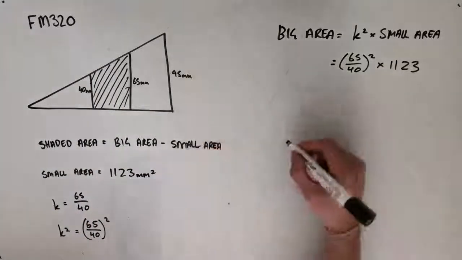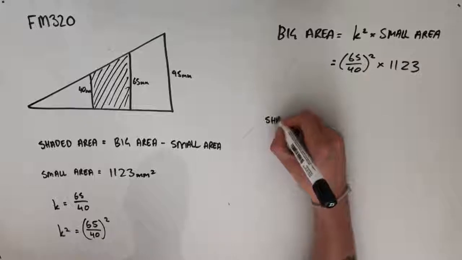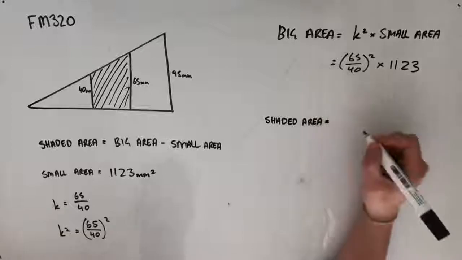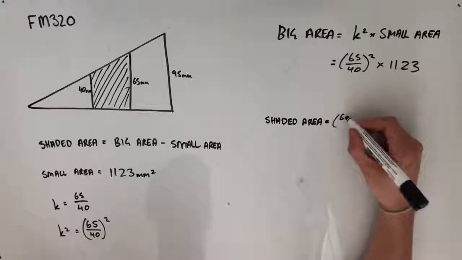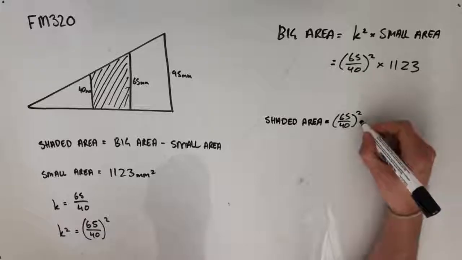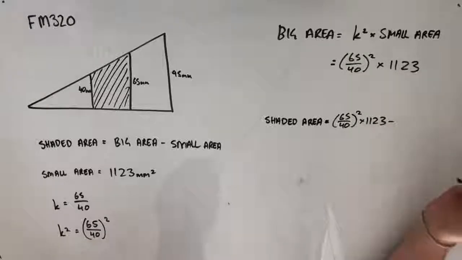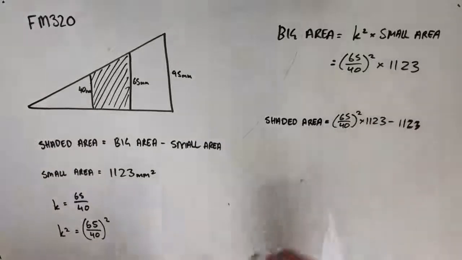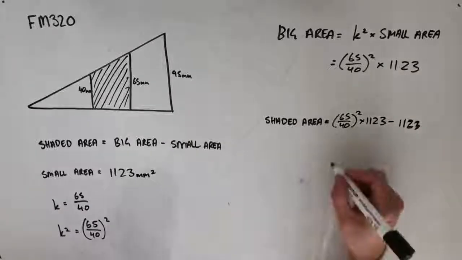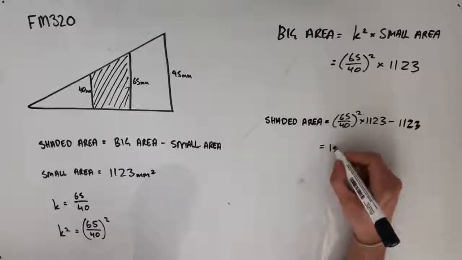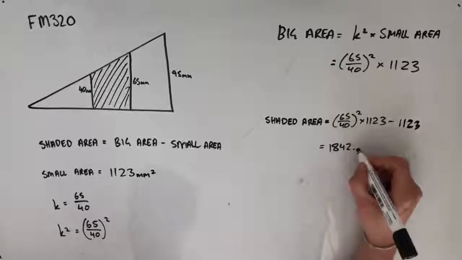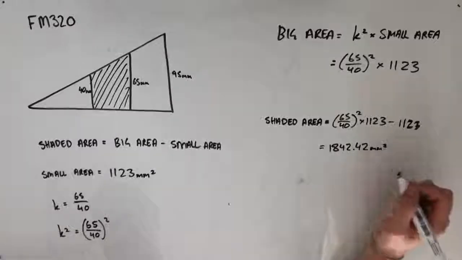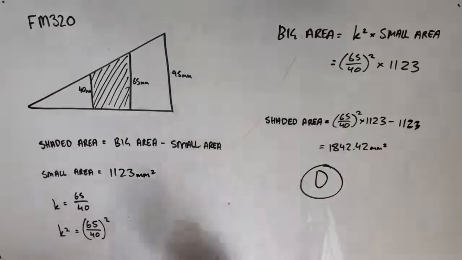So what we can do now is go back to our shaded area equation that we set up before, which was the big area, which you know now to be 65 over 40 all squared times 1,123, and we're subtracting the small area, which of course we know is 1,123. Plugging all of this into a calculator should give you an answer of roughly 1,842.42 millimeters squared, which is very similar to option D.